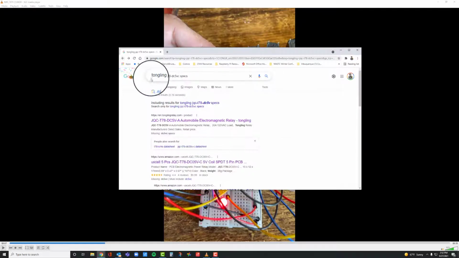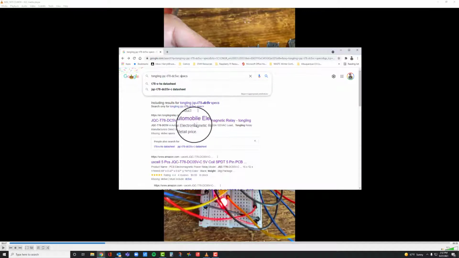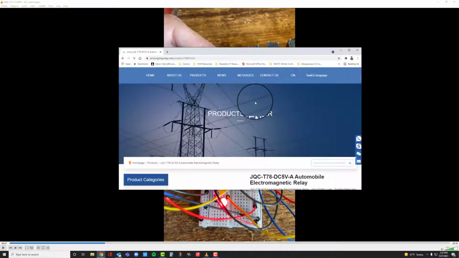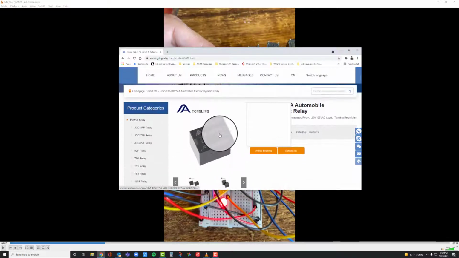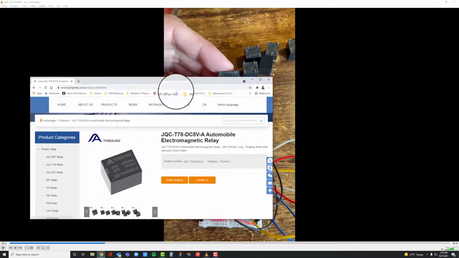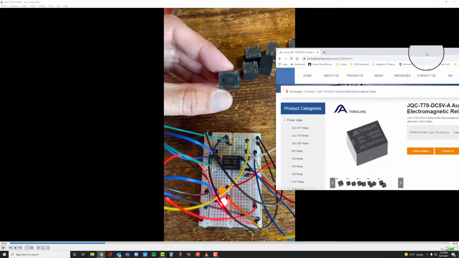I basically typed in Tongling JQC-T78. That's the device, that's the manufacturer. I looked for specs, and right here on Tongling's website, I found the actual specs for this particular relay. So this is the relay that's used in this particular setup here.